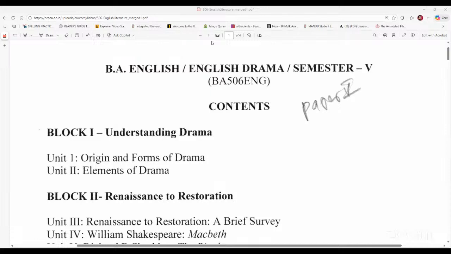So what is tragedy? A tragedy is a serious drama or a serious play dealing with human suffering and downfall. A tragedy is all about human suffering and downfall.